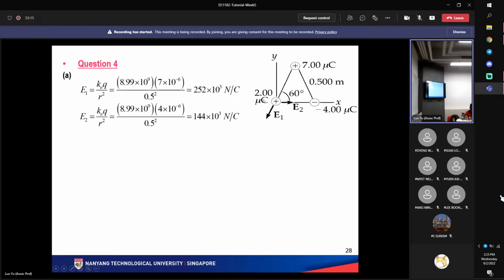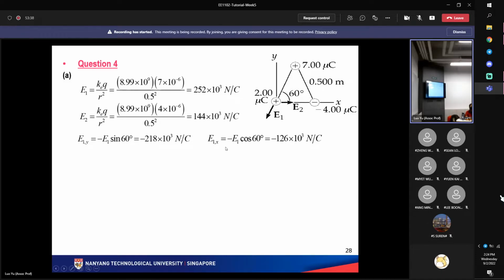So for E1, can you tell me whether its X and Y components are negative or positive? For example, is the X component of E1 in the negative X direction or positive X direction? Negative. Yes, very good, because it's pointing to the bottom left direction. So to the left, which means it's a negative X direction.